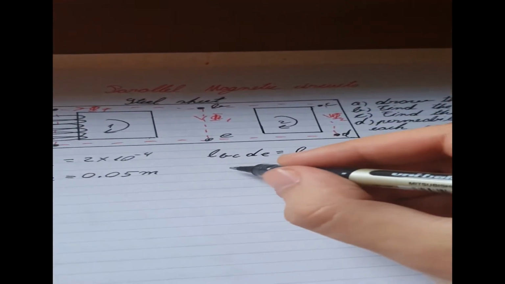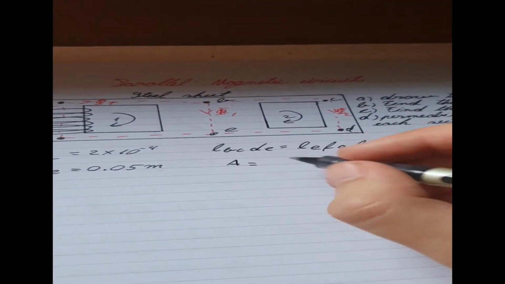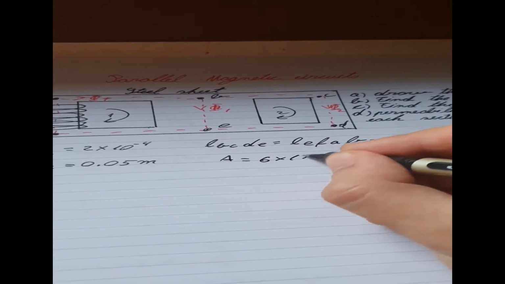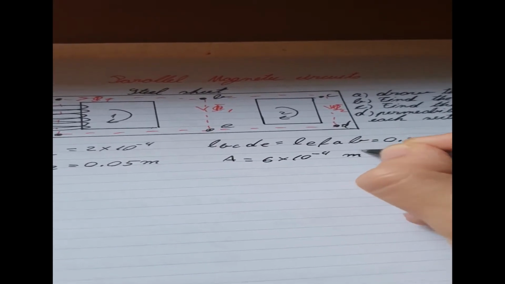Oh, I forgot to give the area. The area would be equal to 6.10 to the minus 4 meters squared. We can't really calculate the area since we would need the width as well, but there's no way we know the width in this diagram, so we don't do the area.